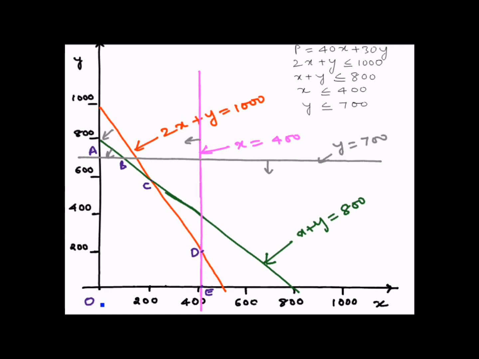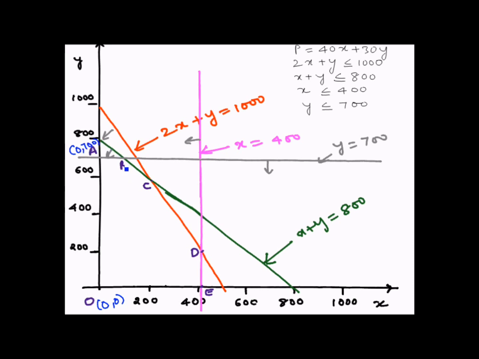So in this graph, the coordinates of O are 0, 0. For A, since this is intercepting the y-axis at 700 and the x-axis is 0, the coordinates become 0, 700.